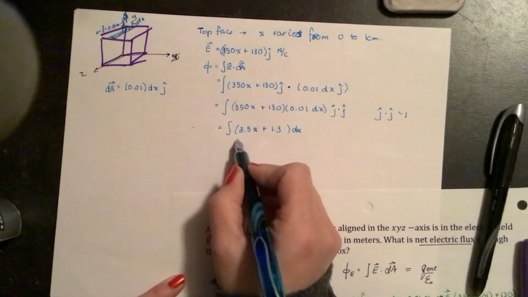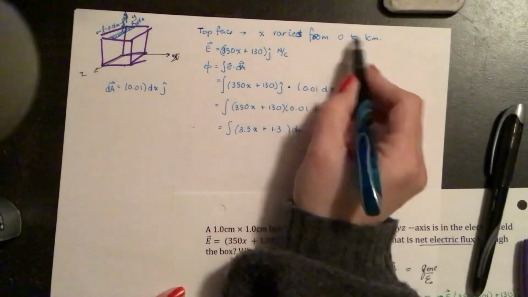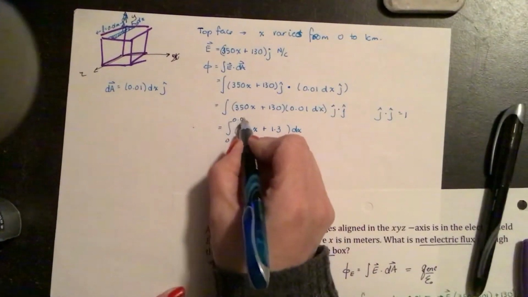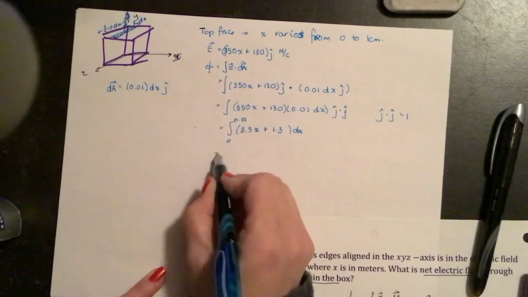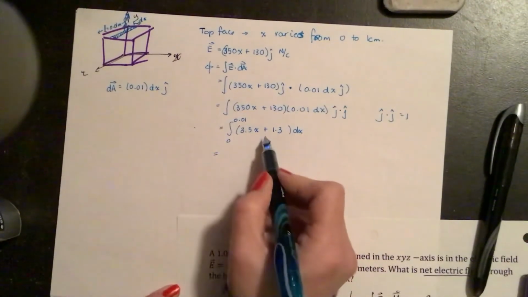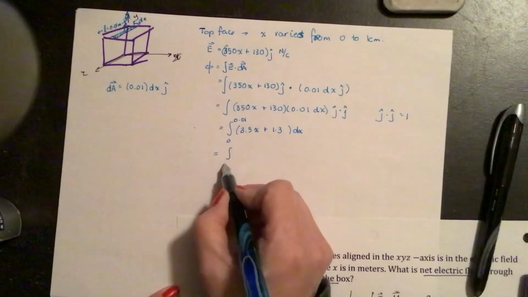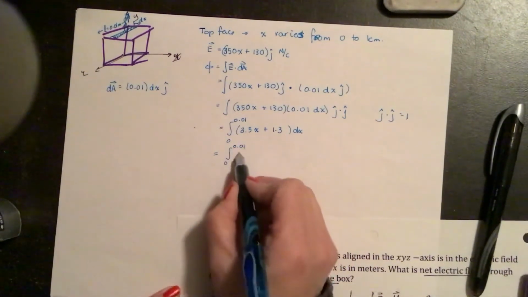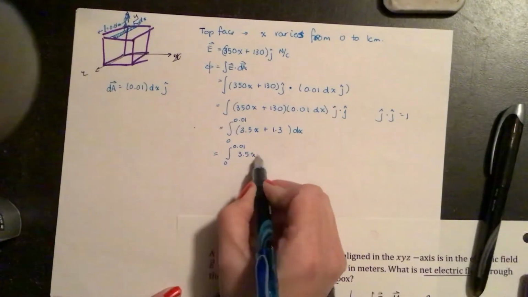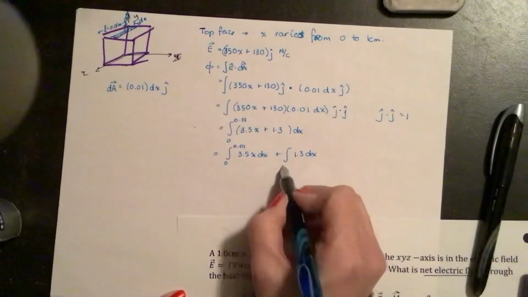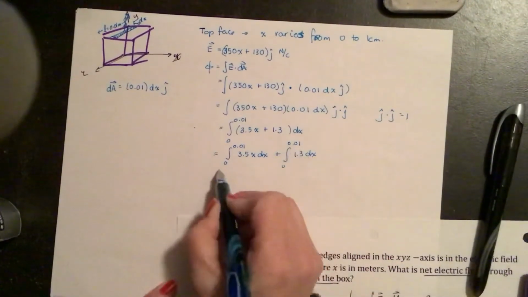And let's put in the limits of my integral. Remember I said x varies from 0 to 1 centimeter, so 0 to 0.01. You are probably familiar enough with integrals that you would just do this without splitting it up, but technically you're supposed to split it into two: 3.5x dx plus 1.3 dx, 0 to 0.01.